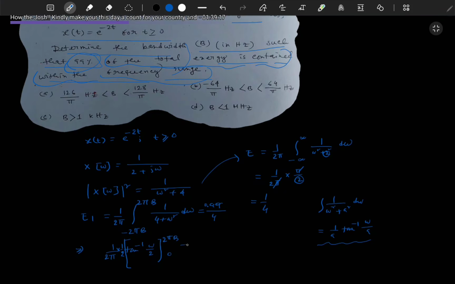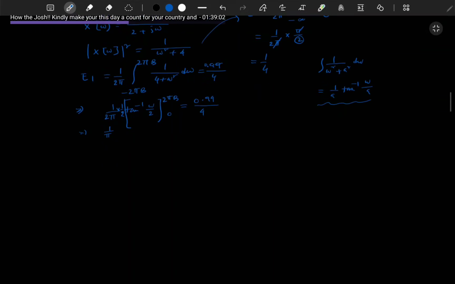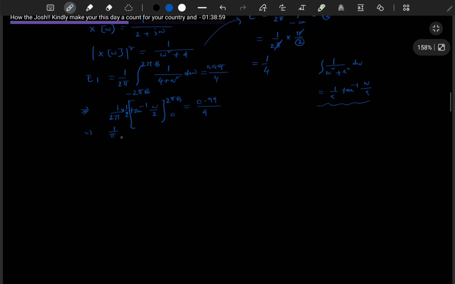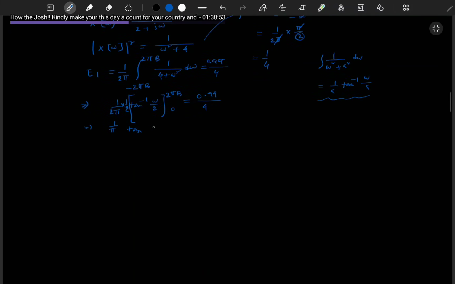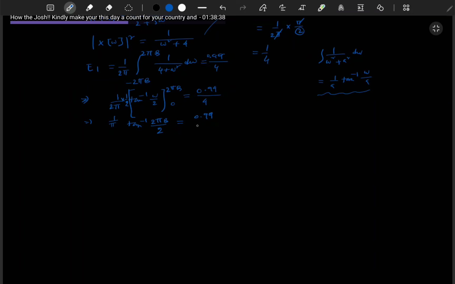Evaluated up to B, equal to 0.99 by 4. So 1 by pi tan inverse 2 pi B by 2 equal to 0.99.